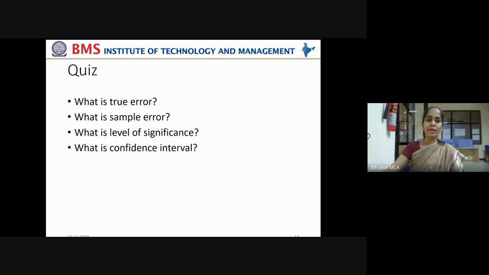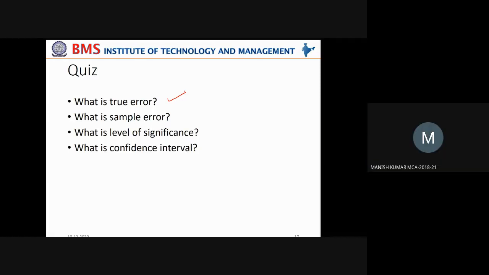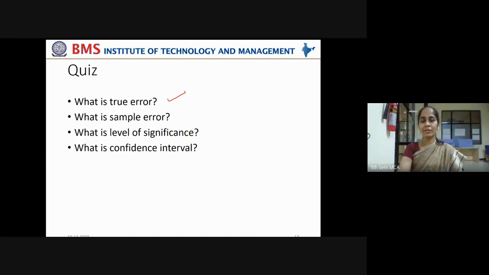Now, can you quickly answer what is true error? True error is associated with the sample or the larger population? Students, make it fast. What is true error? Error in population, ma'am. Error associated with a larger population.